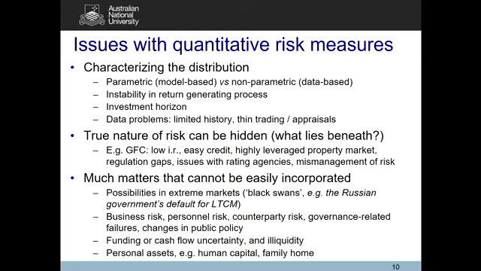Private equity, you've got a couple of issues. One of them is appraisal valuations, which I'll talk about in a moment. The other is it's really hard to get your hands on private equity data. Let's say you're an investor considering a private equity manager. What they tend to do is give you what they call a sample of representative deals. Now, let's say you guys are private equity managers and you're trying to get my business.